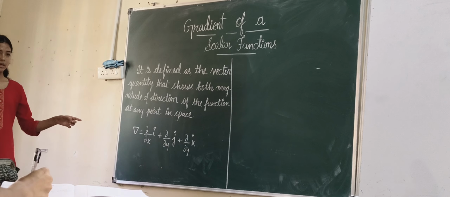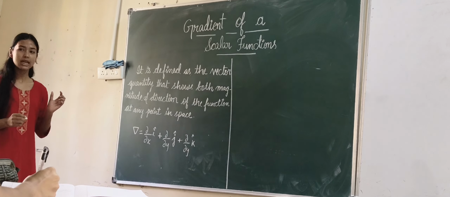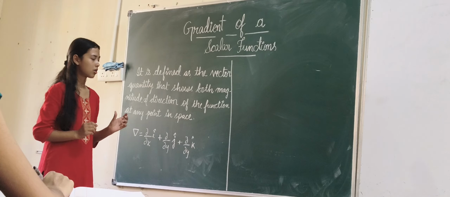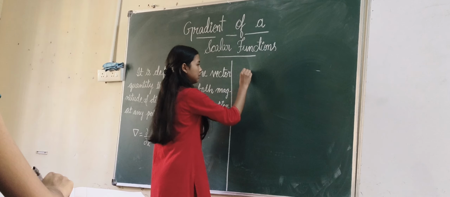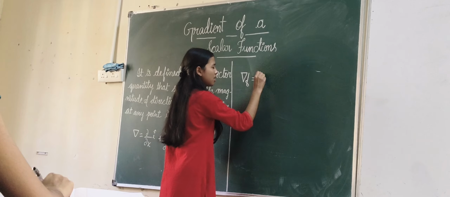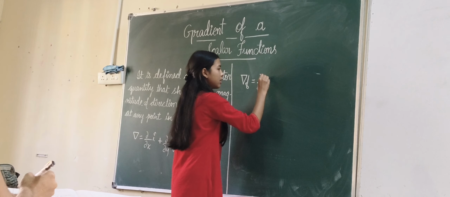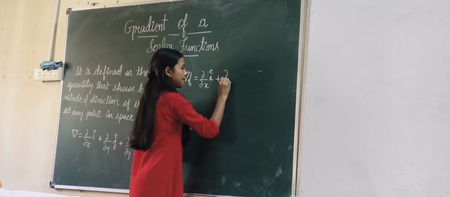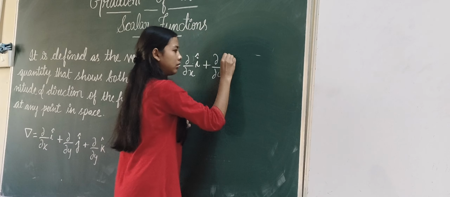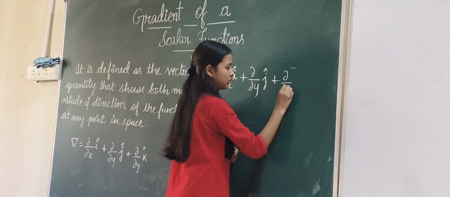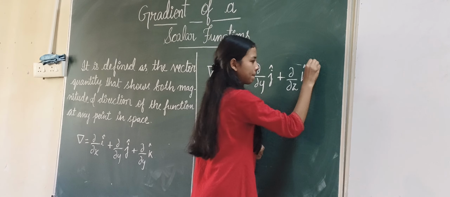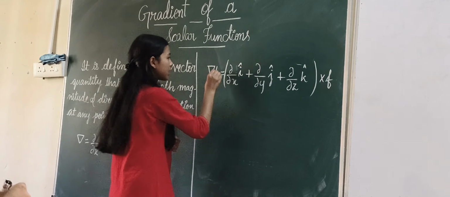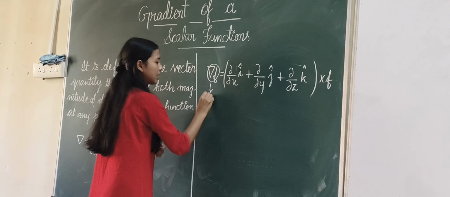When this operator is applied to a scalar function f, it gives us the gradient vector, or gradient of the function, that is written as del f equals partial f by partial x i cap plus partial f by partial y j cap plus partial f by partial z k cap, and we can also write it as del f.